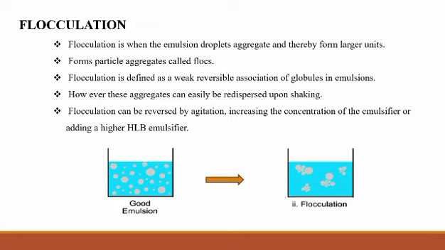Emulsifier is nothing but the emulsifying agent which is used to mix both the phases. So flocculation is when the emulsion droplets aggregate or join together to form larger units called flocks, but it is a very weak reversible association of globules, so it can be easily redispersed by shaking or by increasing the concentration of the emulsifying agents.